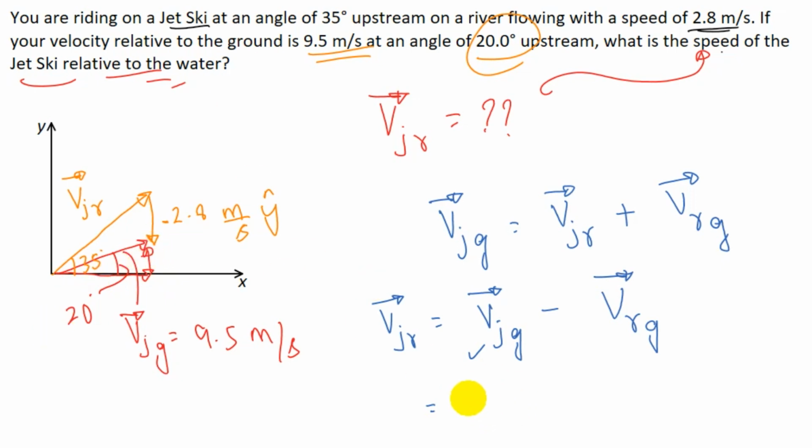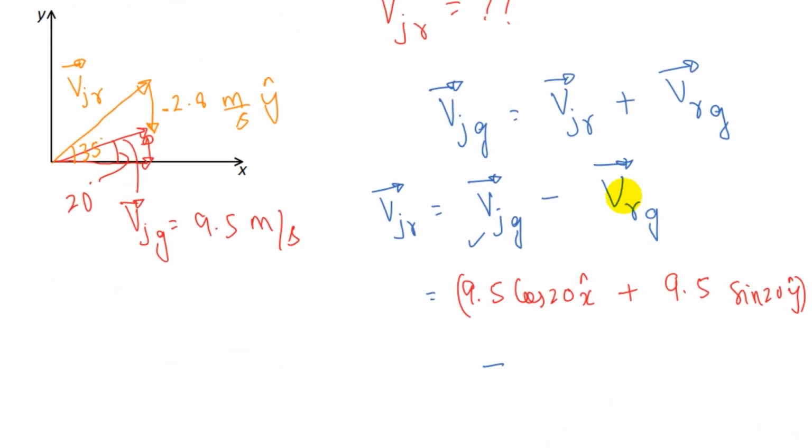So we can write this as 9.5 cosine 20 degree x cap plus 9.5 sine 20 degree y cap. Then minus VRG, which is minus 2.8 y cap.